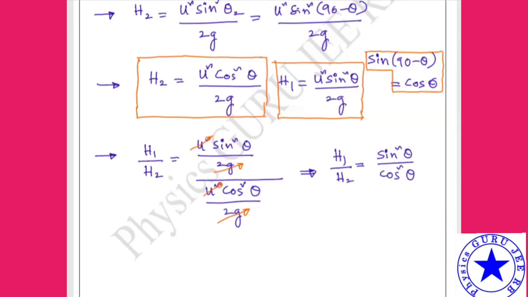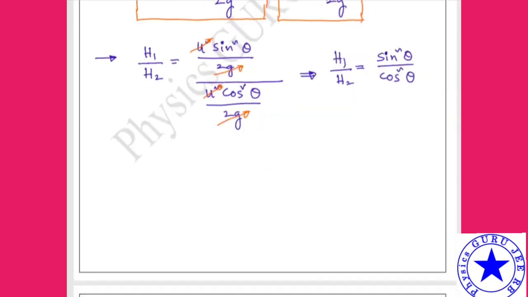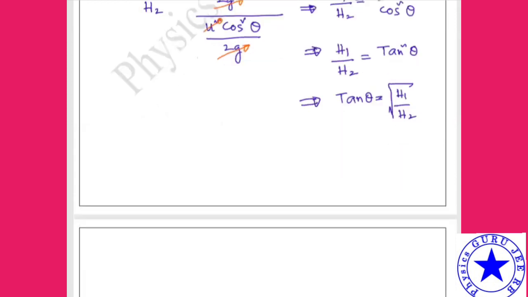H1 by h2 is sine square theta divided by cos square theta, or I can write h1 by h2 equals tan square theta, or tan theta equals under root of h1 divided by h2. Tan theta is nothing but a, right? So a equals under root of h1 divided by h2.